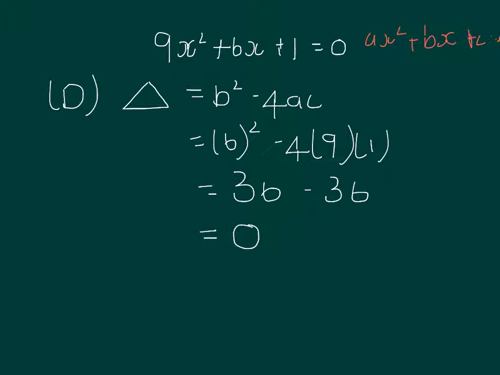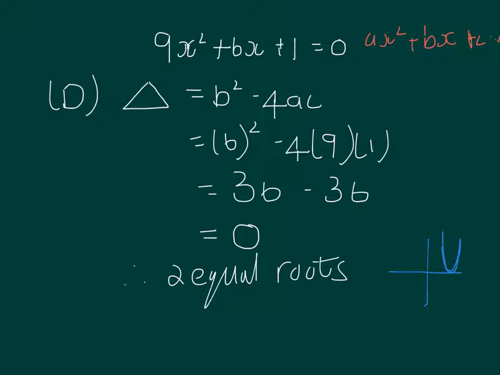So that 0 tells me that I have 2 equal roots. An example can look like this, where it touches that intersect there. So for example, 2. So you have 2 solutions, and both of those solutions come out to be 2.